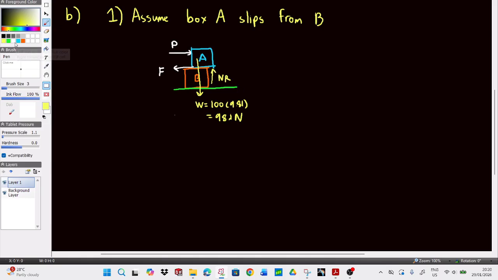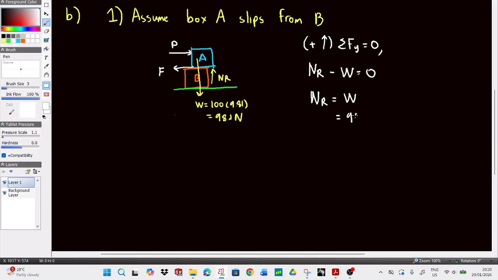If we were to solve this equation, from the summation of Fy equals 0, we can see that NR minus W equals 0, so NR equals W, which is 98.1 Newton.